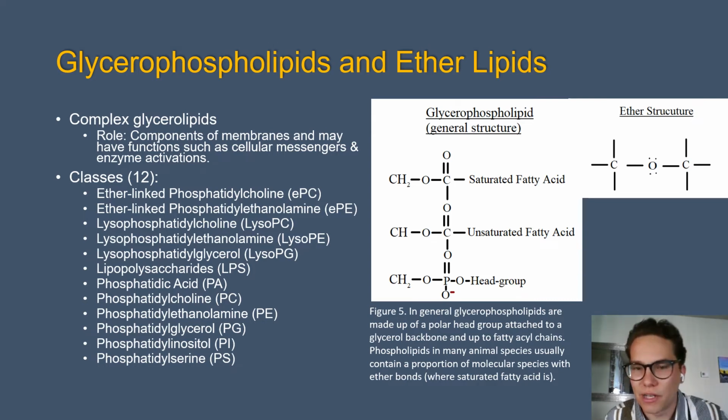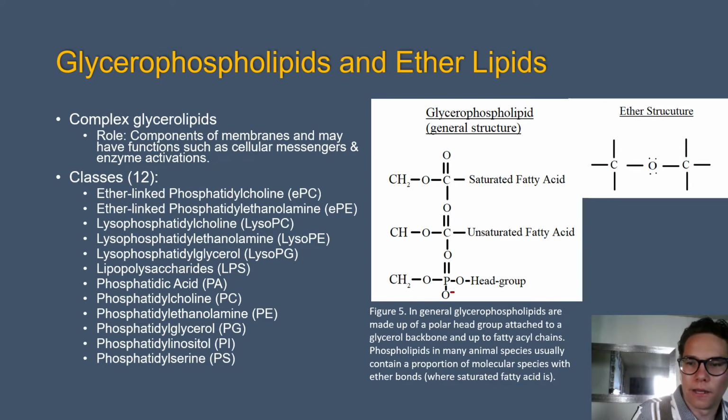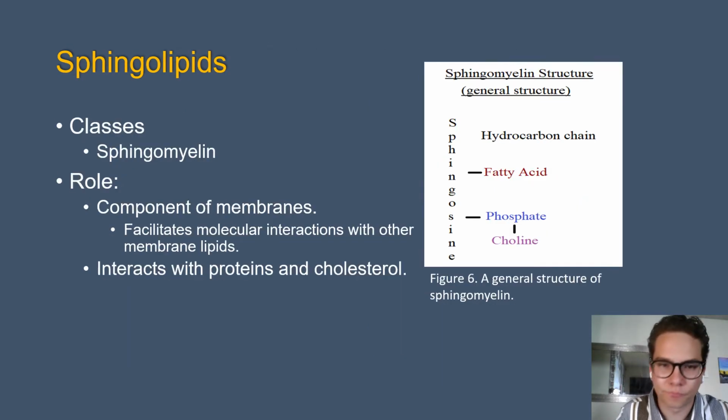A glycerophospholipid generally has a phosphorus head group. And then ether-linked lipids just have that structure attached to a glycerophospholipid. Sphingolipids, again, as you can see from the structure, have fatty acids as part of the structure.